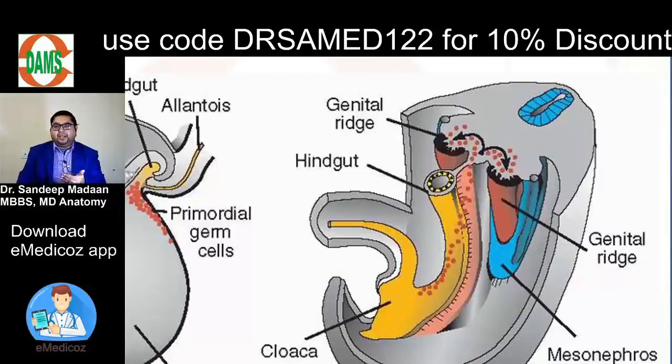The gonads, which till now were neither male nor female and could not be differentiated, are called indifferent gonads, and will now be converted into either male or female gonad depending upon the information brought by the incoming cells. Whether it is XY or XX, it all depends on the incoming cells, right?